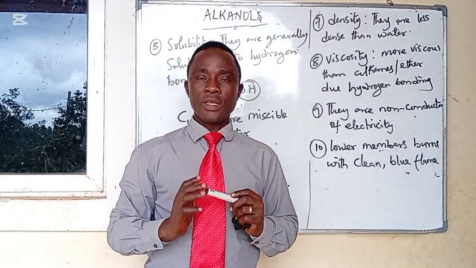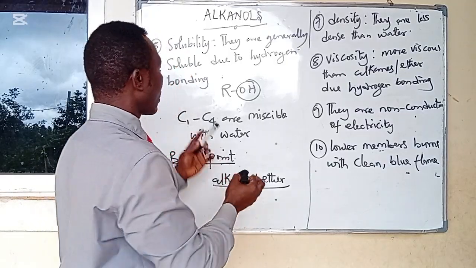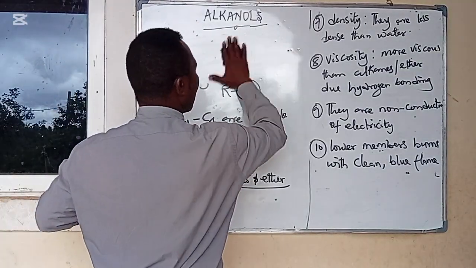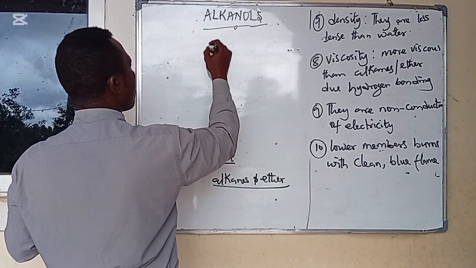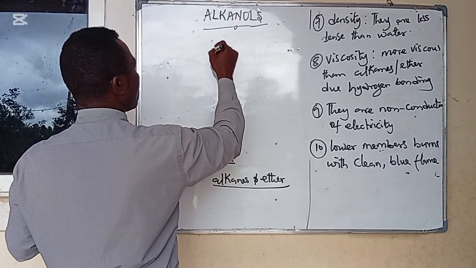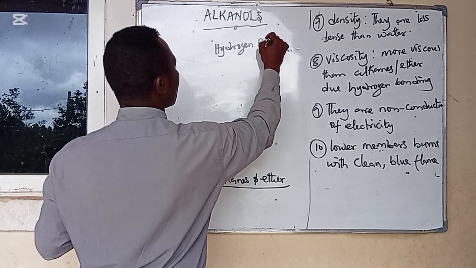So these are the important physical properties of alkanols. Now remember, when you talk about their boiling points, you talk about hydrogen bonding.